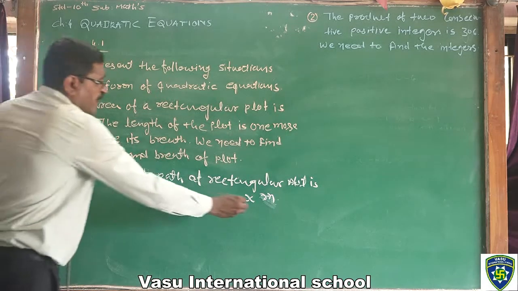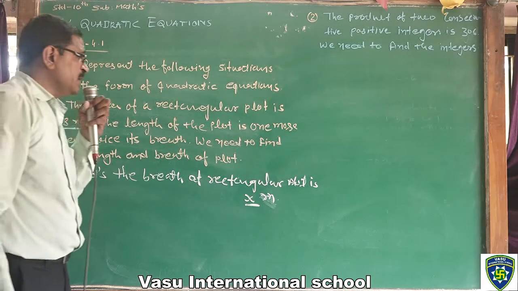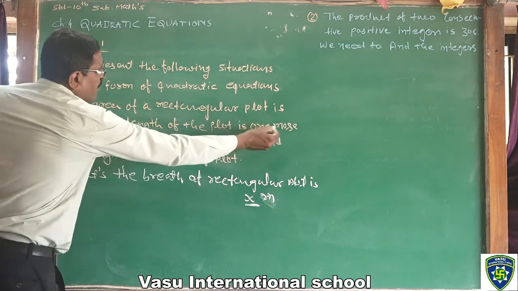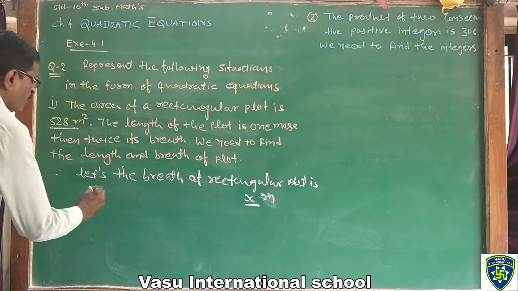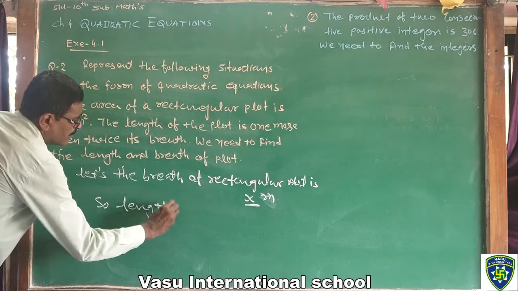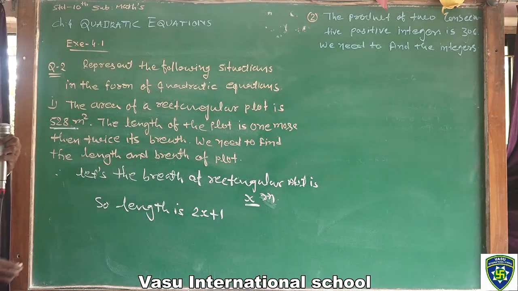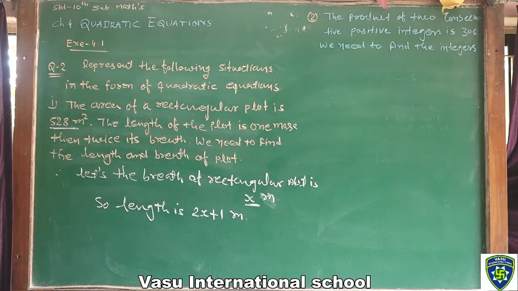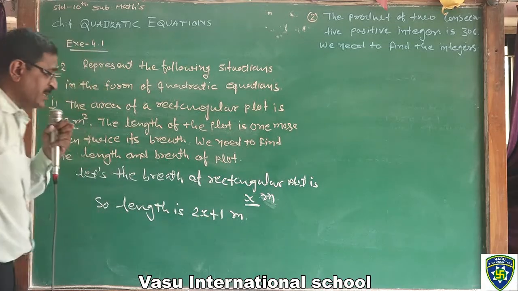Clear, student? The breadth of the rectangular plot is x meter. The length of the plot is 1 more than twice its breadth. So, length is 2x plus 1 meter. Twice, 1 more than twice its breadth.